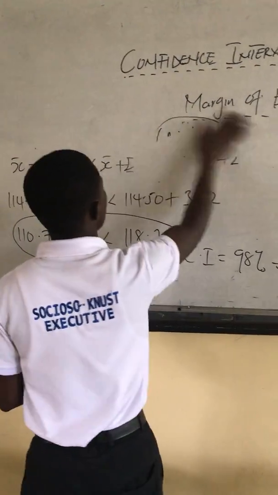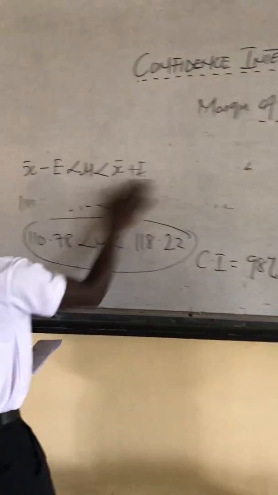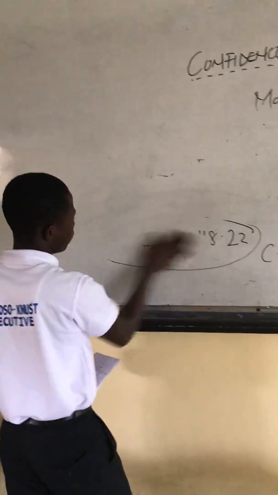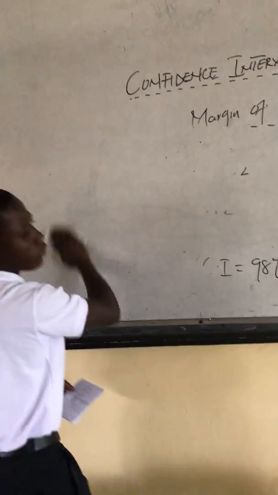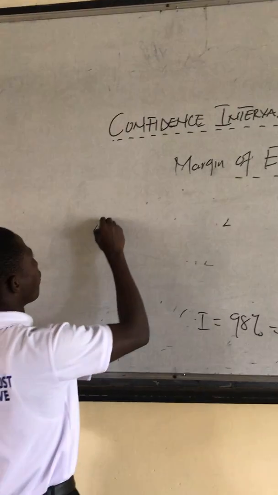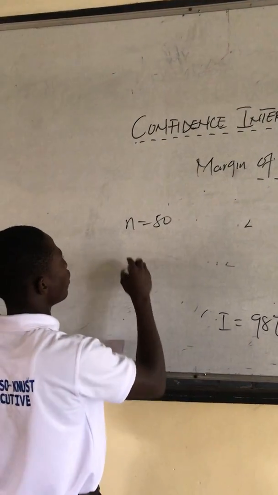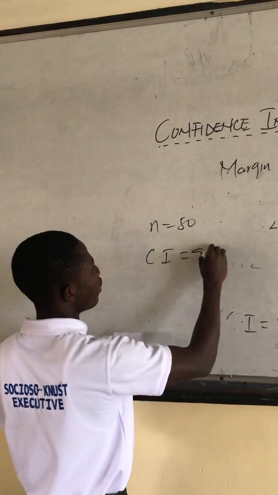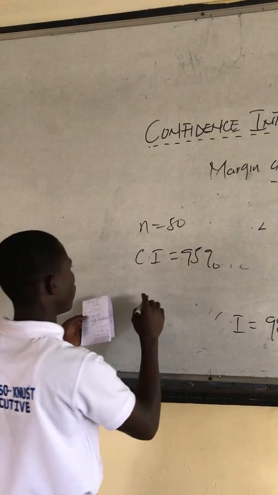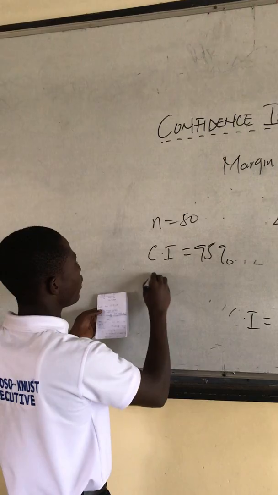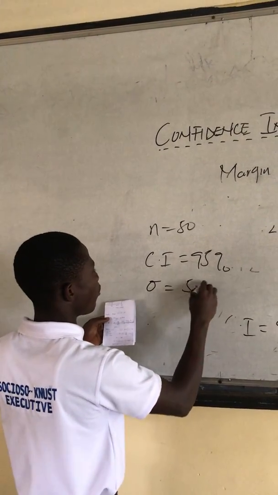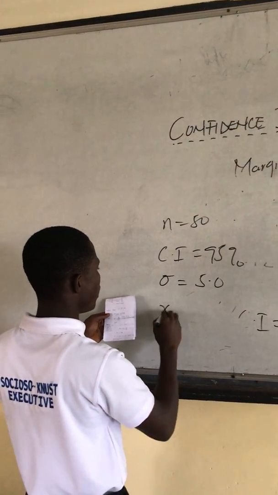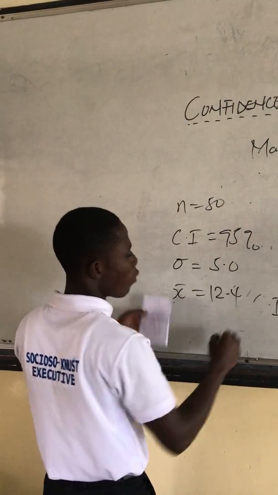So my n was 50, my confidence level is 95%, my standard deviation is 5.0, and my mean is 12.4.